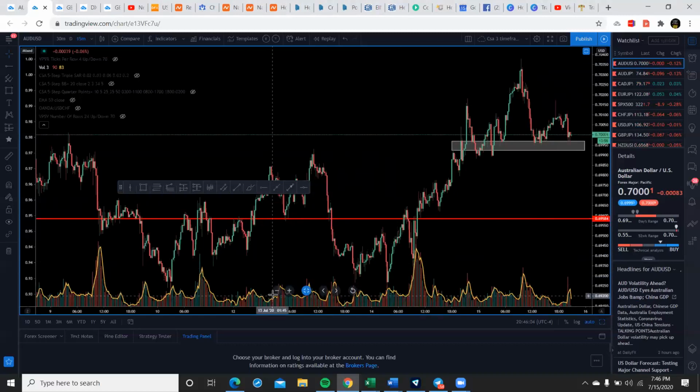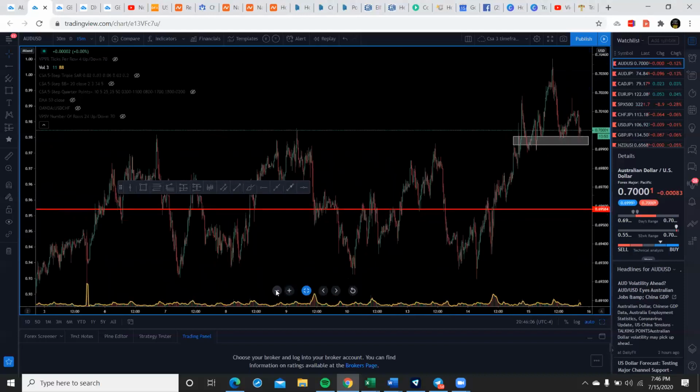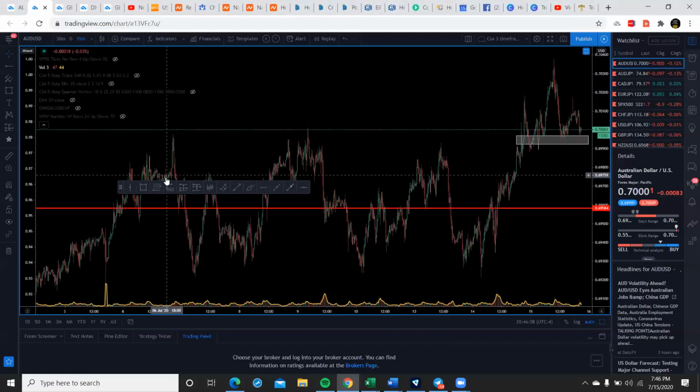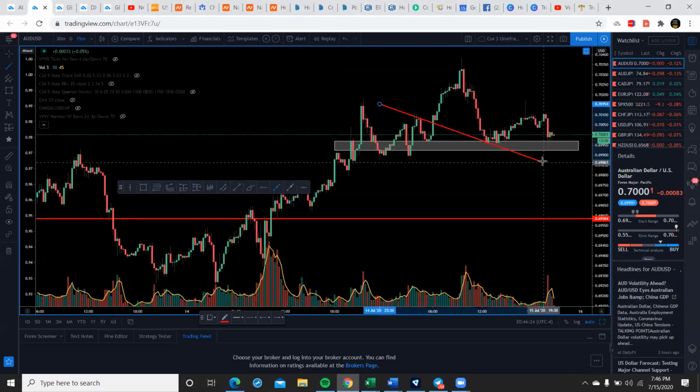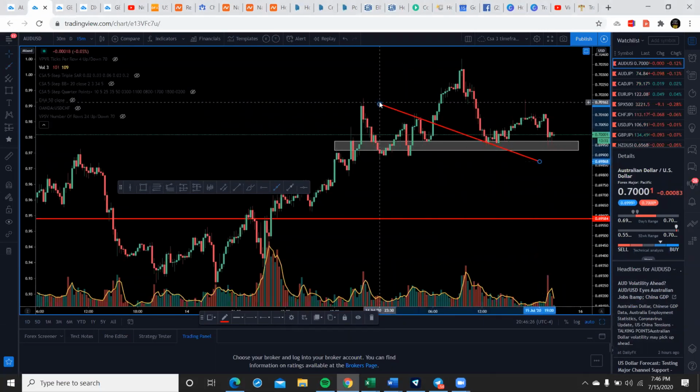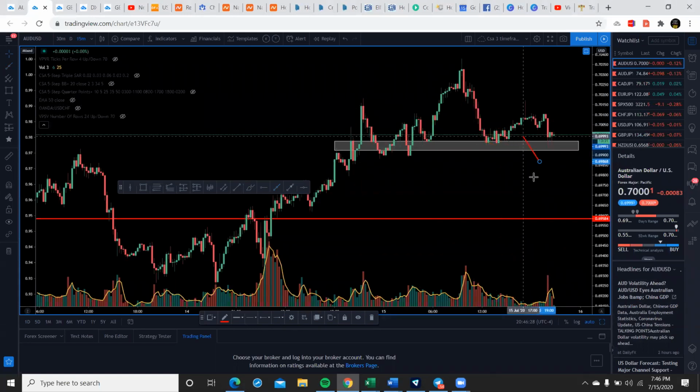So it's small things like that, concepts where you look outside of the charts to find it. Anyway, on this one, we're waiting on a break of this level. Once again, it's a psychological level.